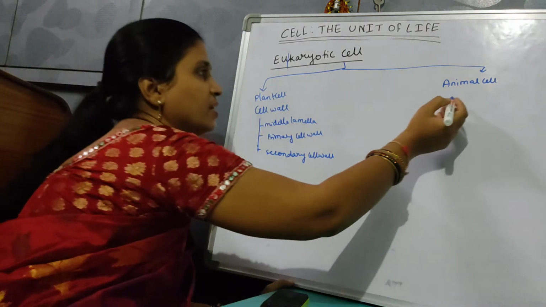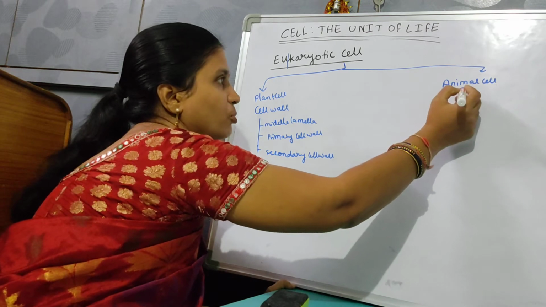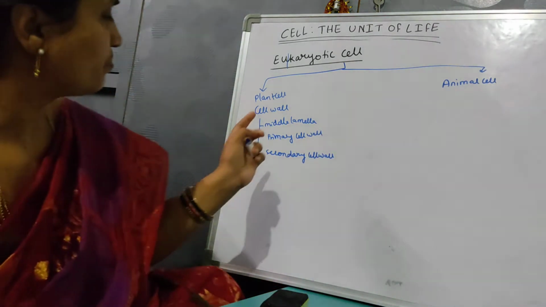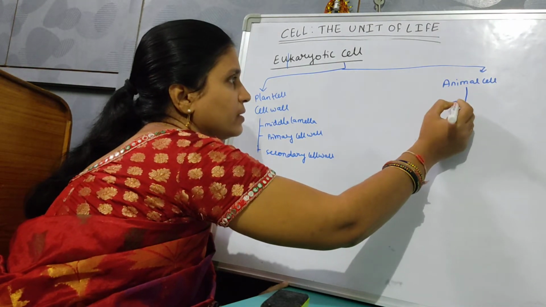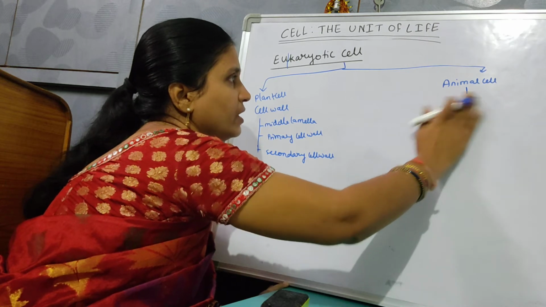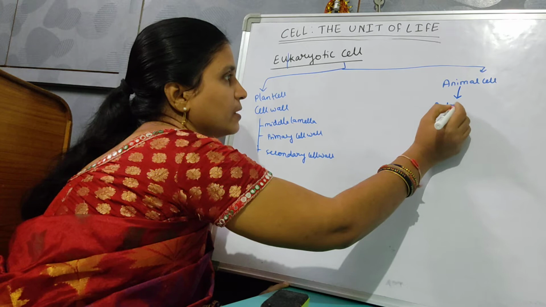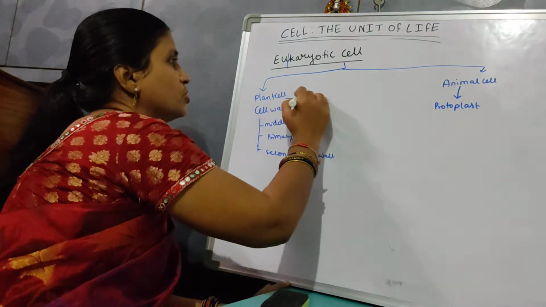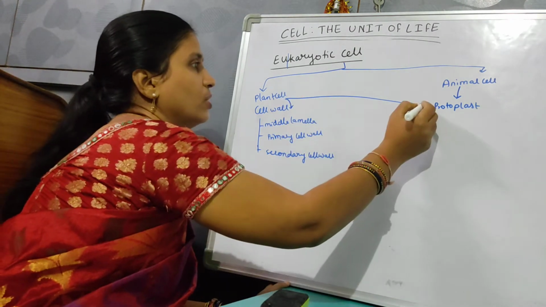Whereas here it is having protoplast. This plant cell is also having protoplast and cell wall.